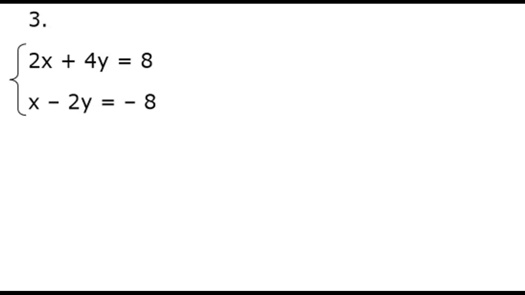Go back to whichever one of your original equations looks easiest. In place of this x, I'm going to substitute in this negative 2 that I found right there. I'm solving for this y, so I'm going to add this 2 to both sides.